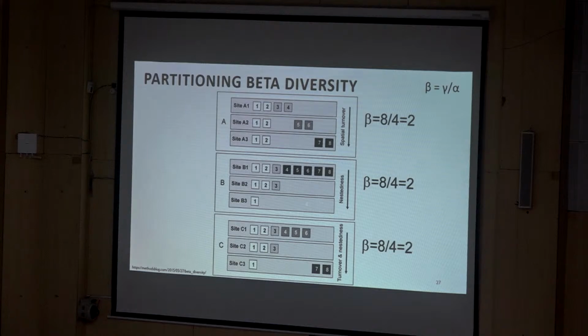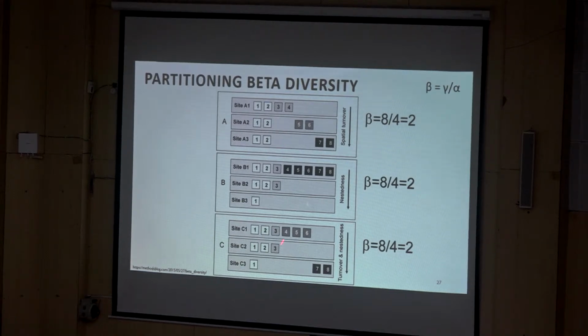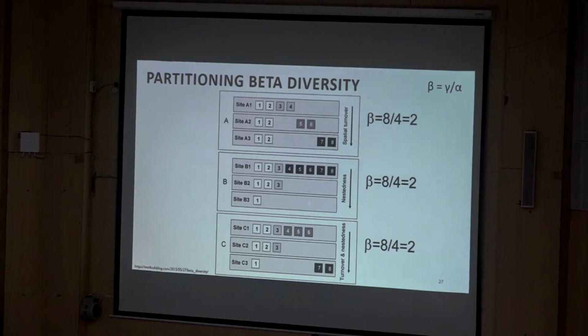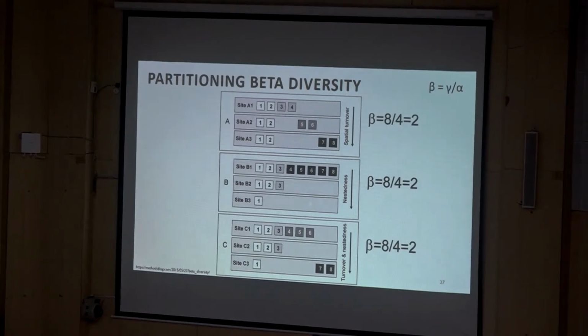And in scenario C, there is both subsetting and new species getting added. So this represents a case of turnover and nestedness. But if you just look at the beta diversity values here, they are similar. So it is important to differentiate the beta diversity into its components of turnover and nestedness.